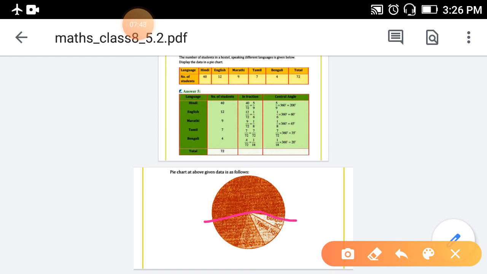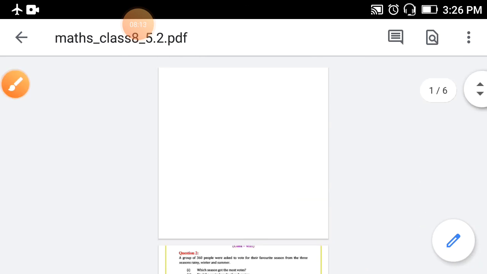Sorry, here it is 180 degree, 200, here it is Hindi. Actually I couldn't see this one, it's mashed up. Here it is 60 English. Here it is 45 Marathi. Then 35 Tamil and 20 Bengali. Okay, so approximately you can draw the pie chart. So this exercise is over here.